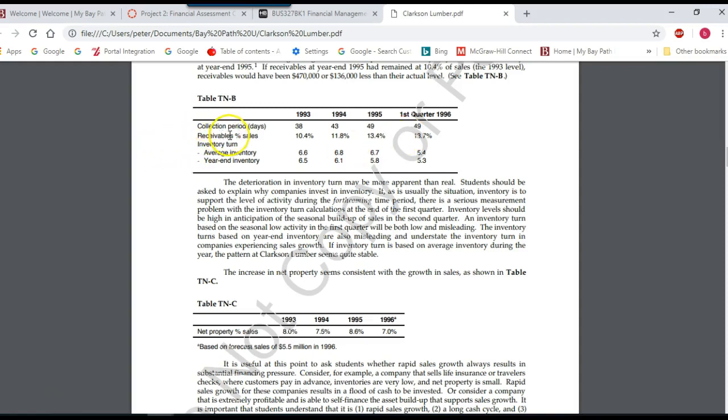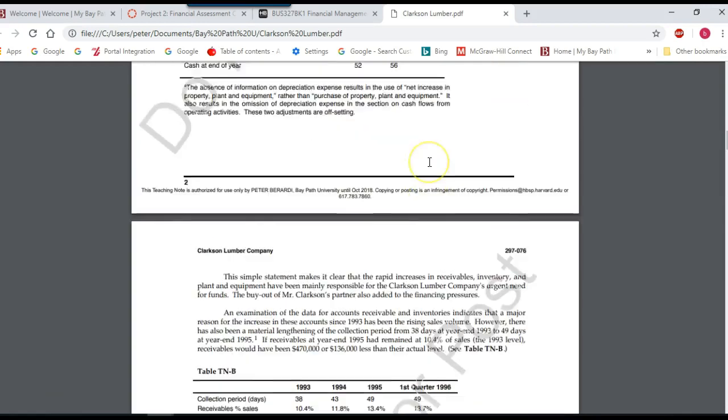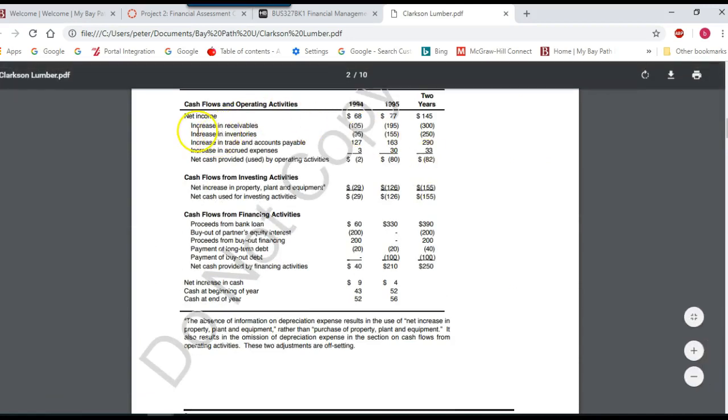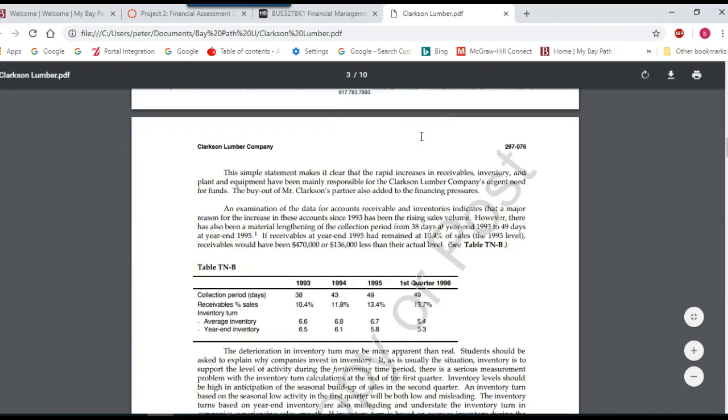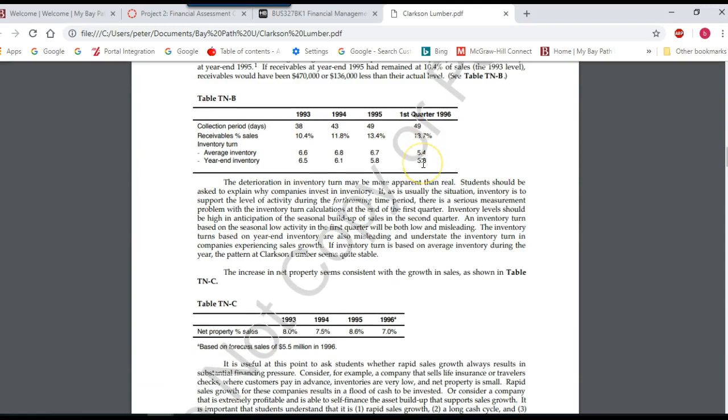Notice receivables as a percent of sales has been going up. Notice our average inventory turns have been declining. That explains this section right here. You see the correlation and the relationship.